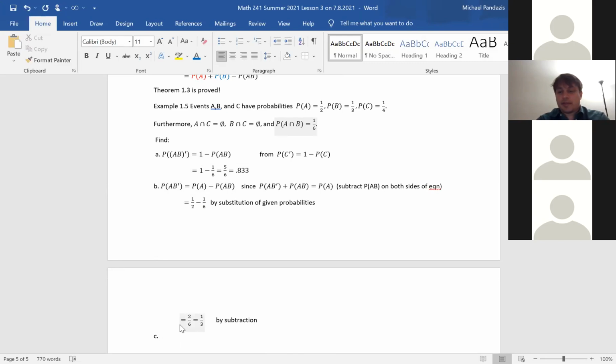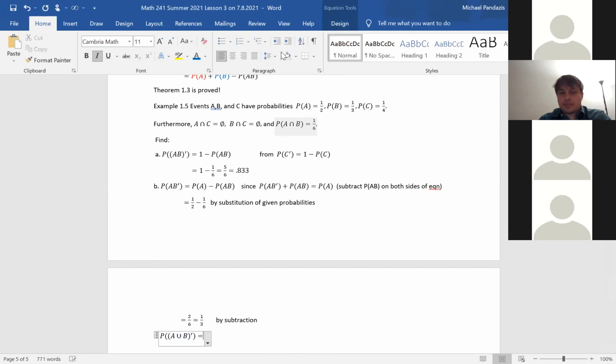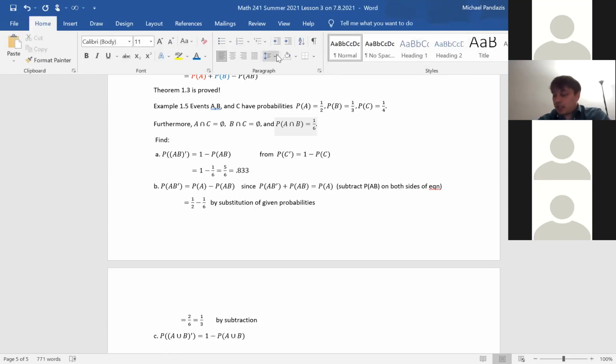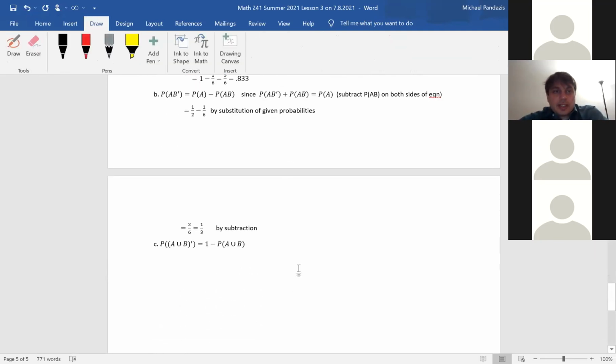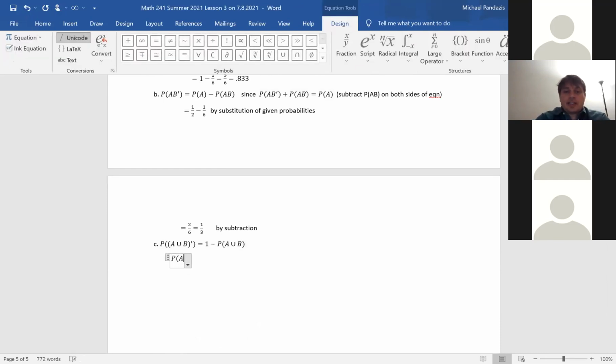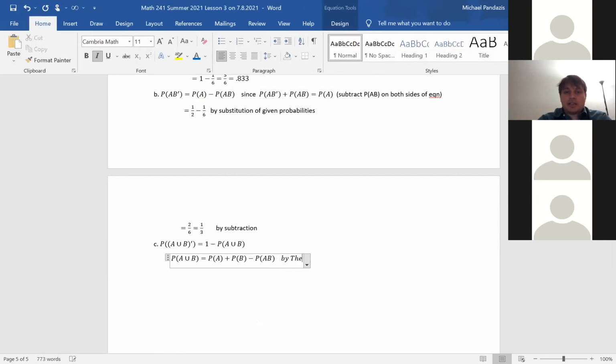Okay, and then C, P of A union B prime is equal to 1 minus P of A union B. And so then P of A union B is equal to P of A plus P of B minus P of AB, and this is by theorem.